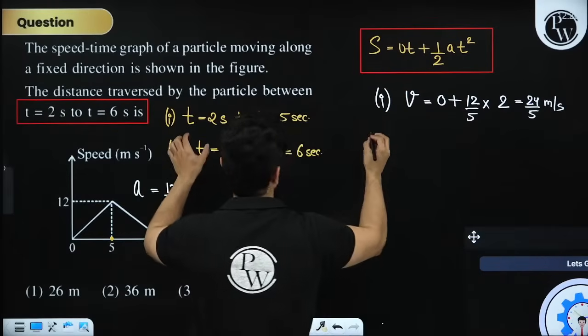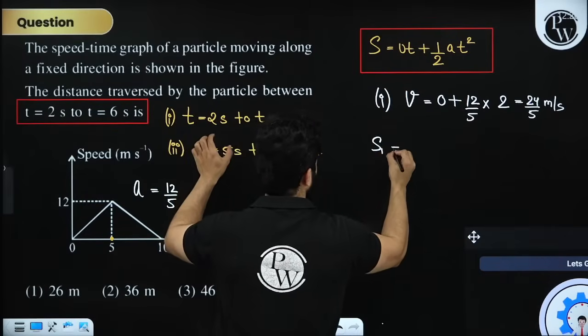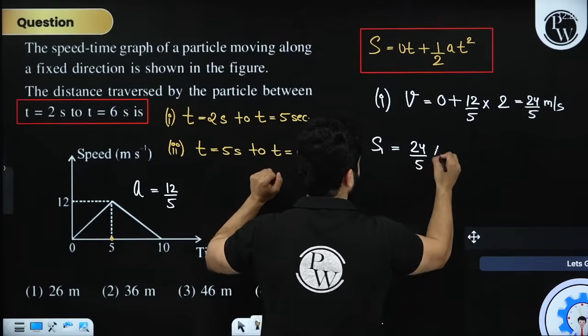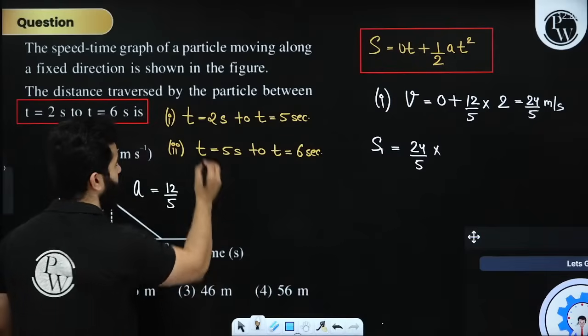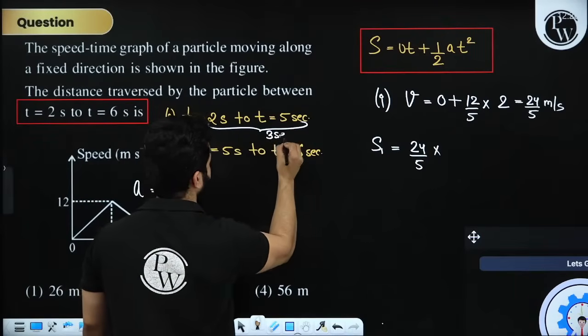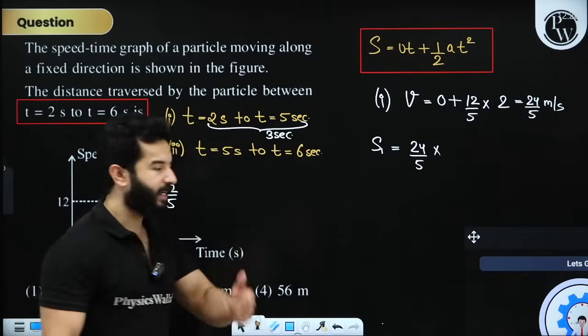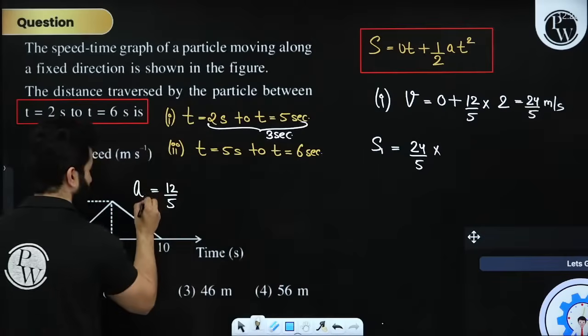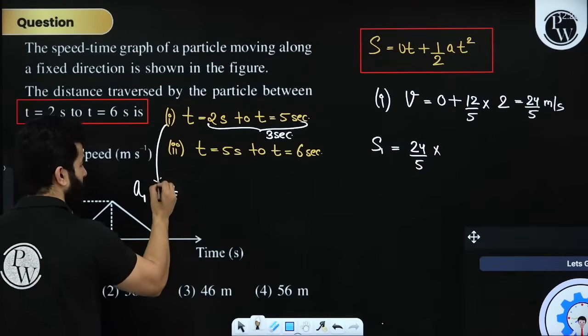Now let's substitute. So this is going to be S1. This will be 24 by 5 multiplied by the duration from t equals 2 to 5 seconds, which is actually 3 seconds. So for 3 seconds, it is moving with this acceleration, which is going to be A1.